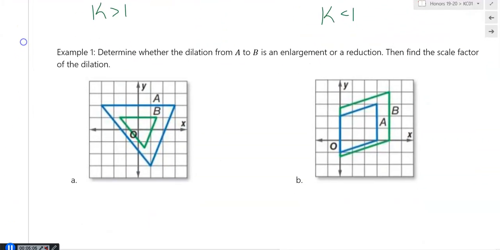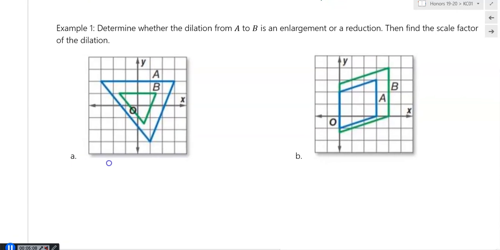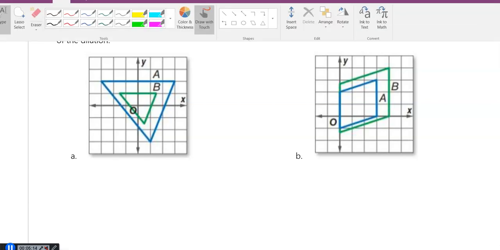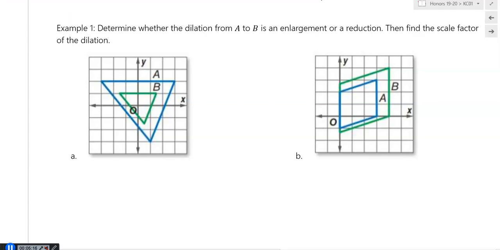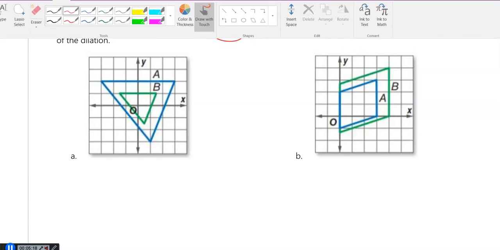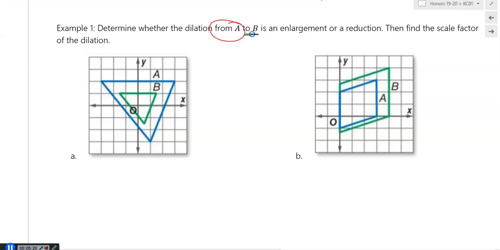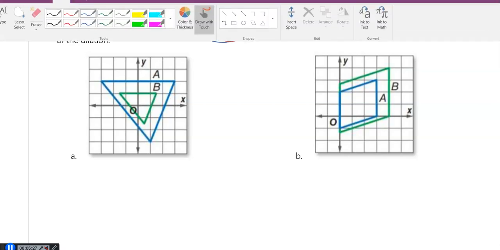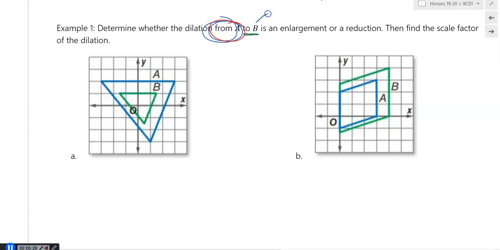So let's look at some examples. Determine whether the dilation from A to B is an enlargement or a reduction. Then find the scale factor. So I'm starting from A to B. B is our new, and A is our old.